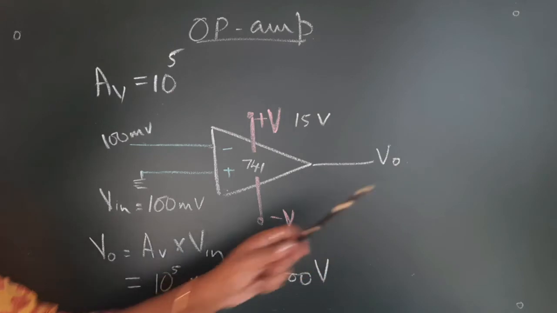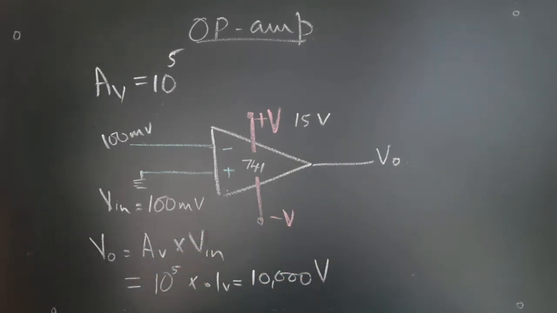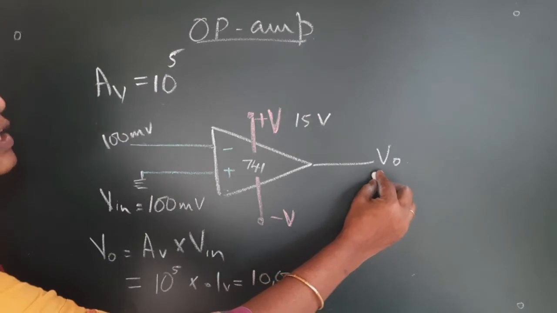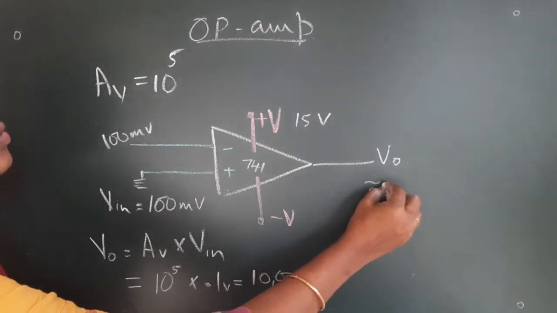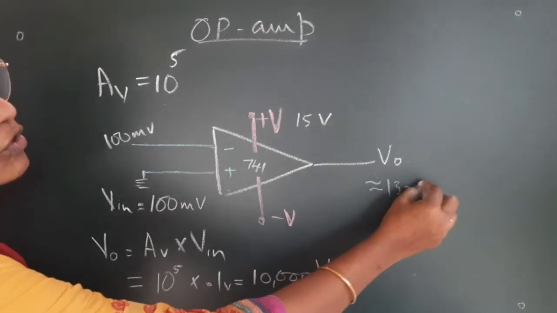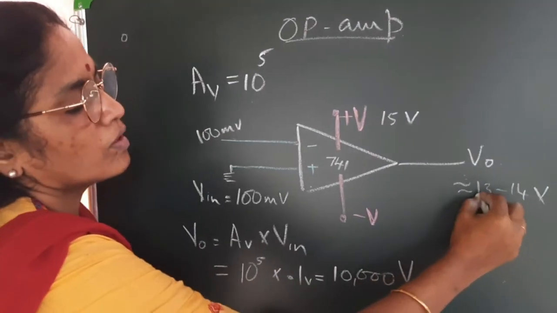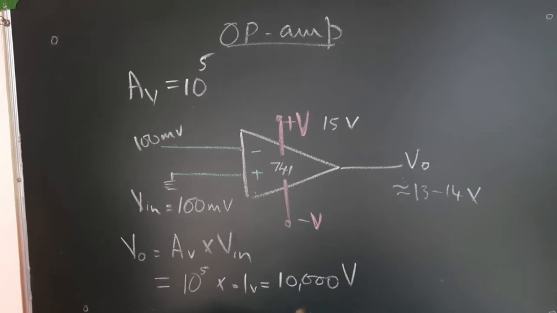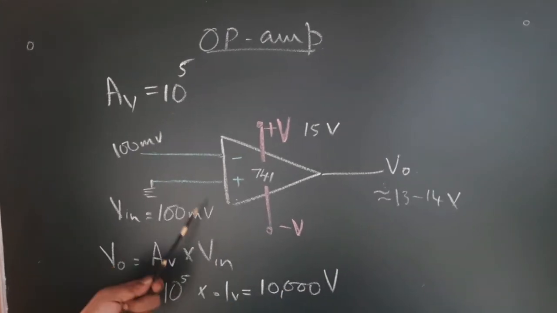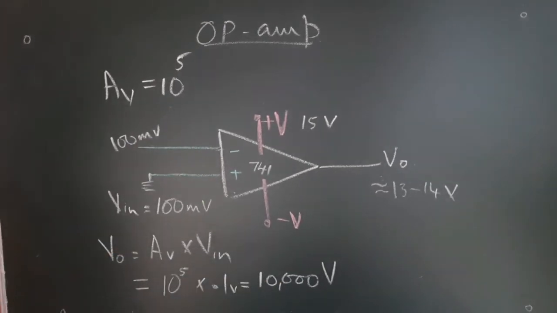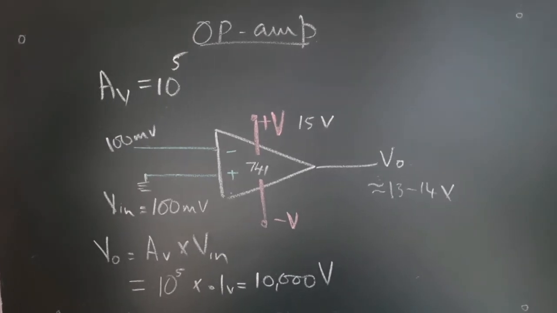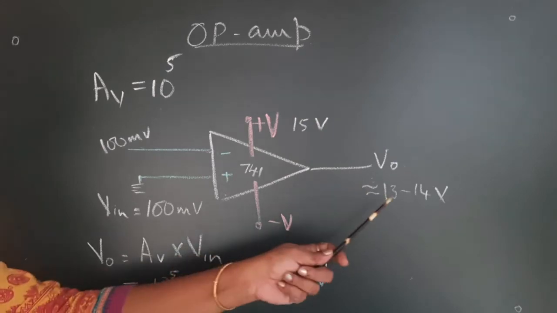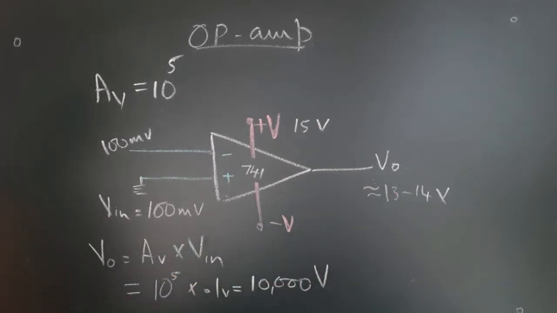You will not get 10,000 volt output. It would have been very good, but it is not practically possible. You can have only something around 13 or 14 volt, 1 or 2 volt less than the plus VCC. Theoretically speaking, you can have an open loop gain giving 10,000 volt, but this is not suitable for our operations, hence our output will be limited by this.